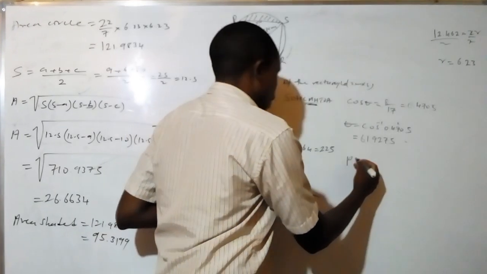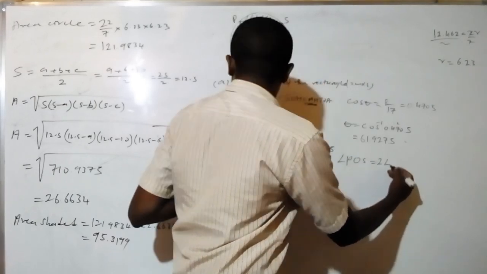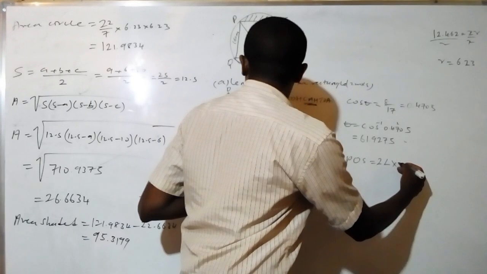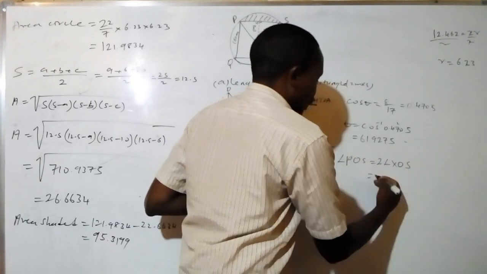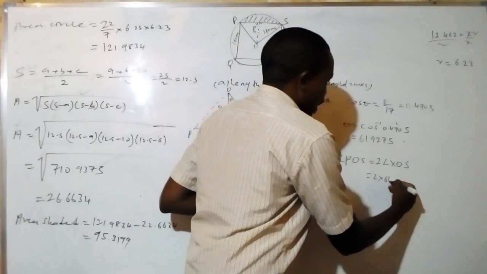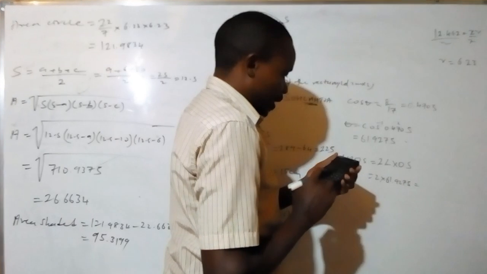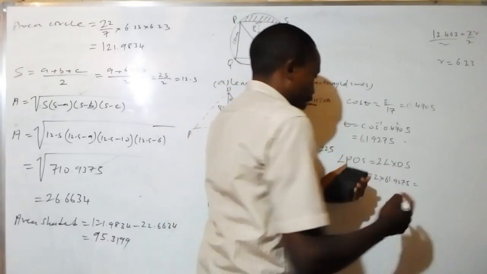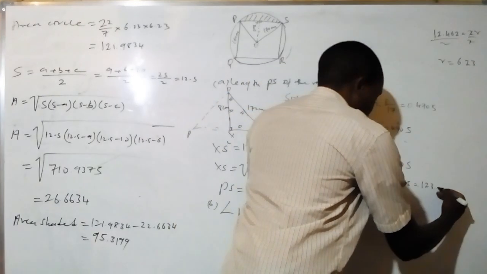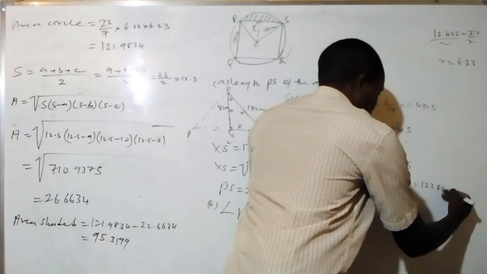Angle POS is equal to twice angle XOS, 61.9275 times 2. The correct answer is 123.8556 degrees. Those are 2 marks.